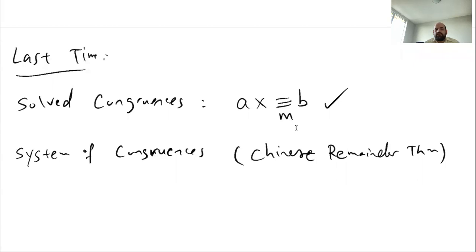Let's say you want to solve 3 congruences at the same time, how can you solve it? We provided an algorithm for how to find the value of X that satisfies 3 given, or 5 given, or n given congruences at the same time.